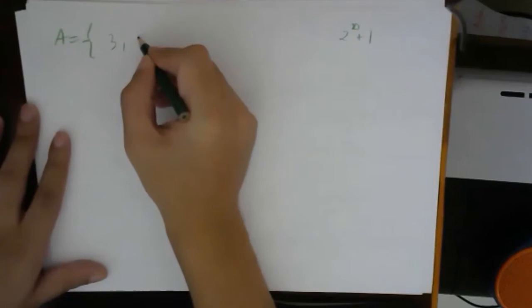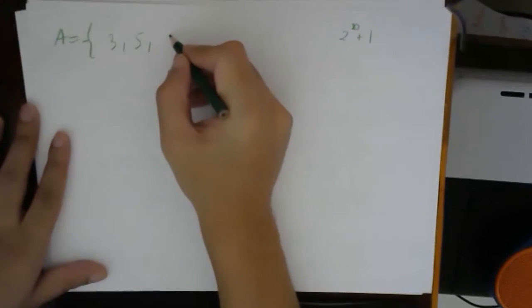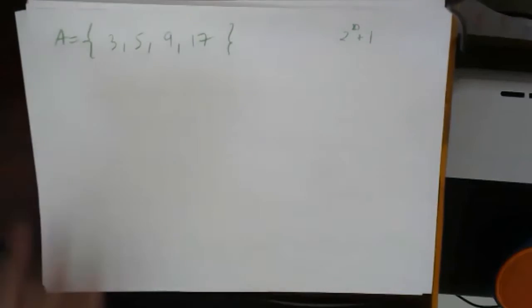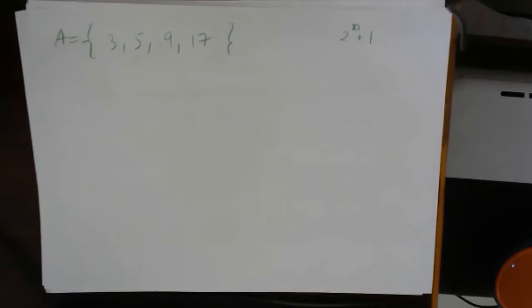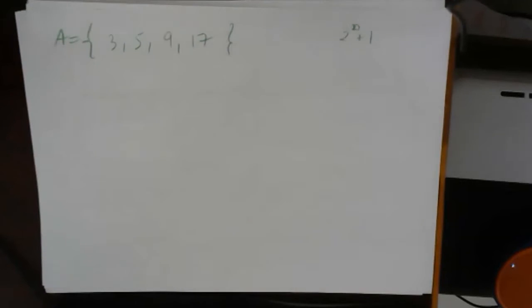So the elements are 3, 5, 9, 17. We can use decimals also, but these examples use natural numbers. If it is an example of decimals, you can use decimal numbers. It won't matter.